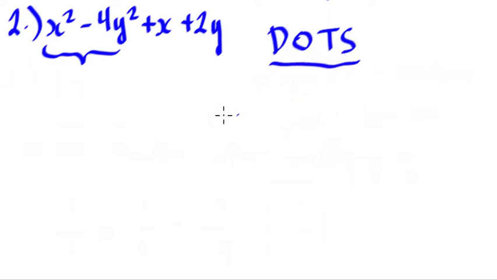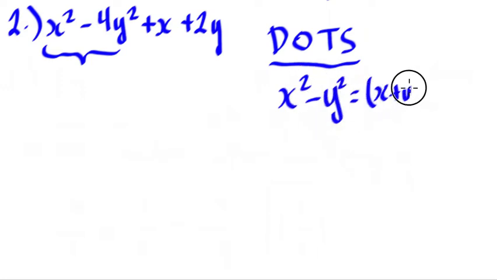Performing the difference of two squares on these two terms, I hope you can remember the formula. Just a refresher: x squared minus y squared is equal to x plus y times x minus y. Order doesn't matter because of commutativity.